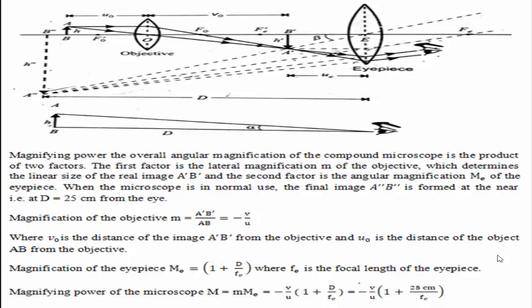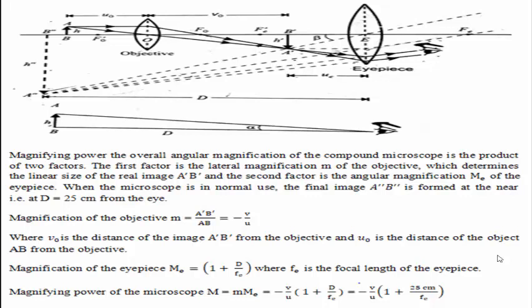The first factor is the lateral magnification m of the objective, which determines the linear size of the real image A'B', and the second factor is the angular magnification ME of the eyepiece.